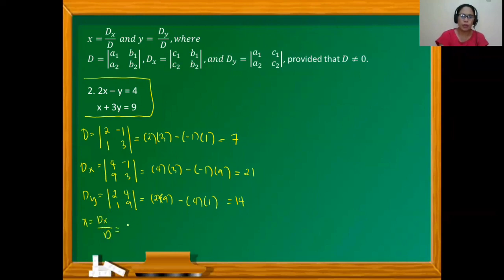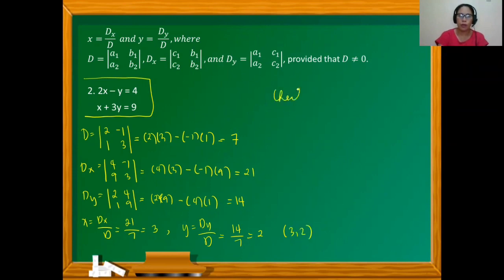So d sub x is 21 all over 7. So this is 3. While y equals d sub y all over d. So we have 14 over 7. This gives us 2. So the solution is 3, 2.